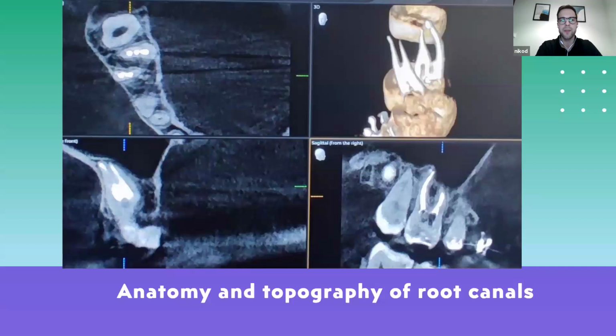For example, this is my patient who got 2 roots in the first upper molar and 5 canals. So many times our knowledge will not be enough. We need to send patients to tomography.